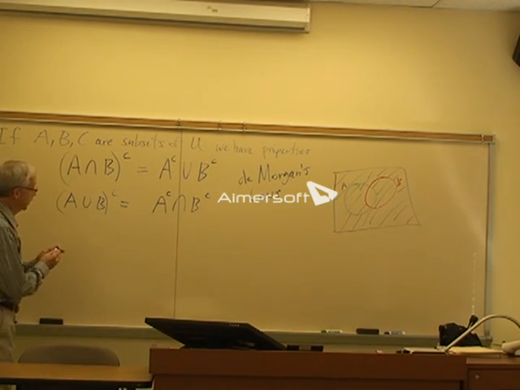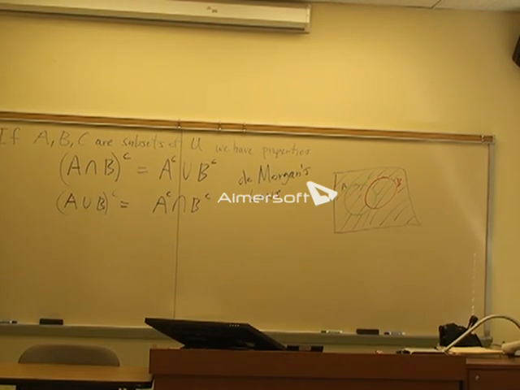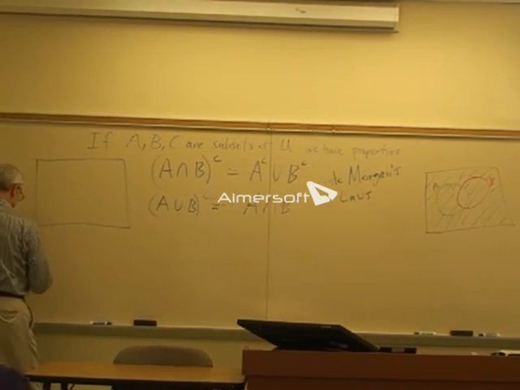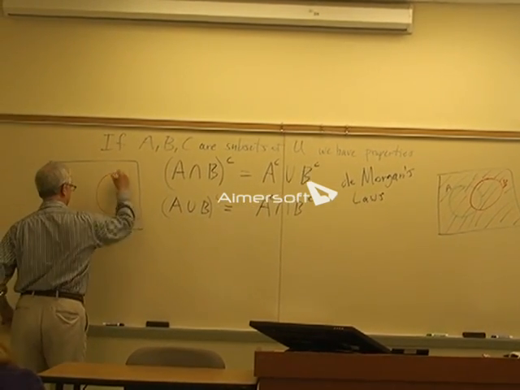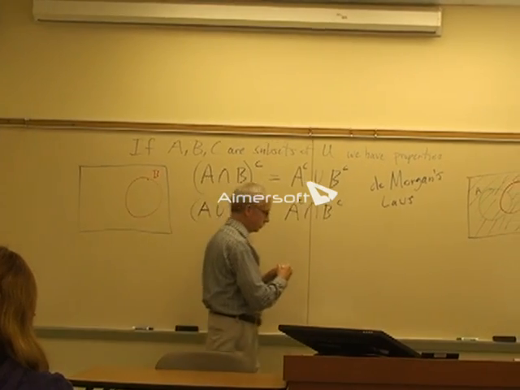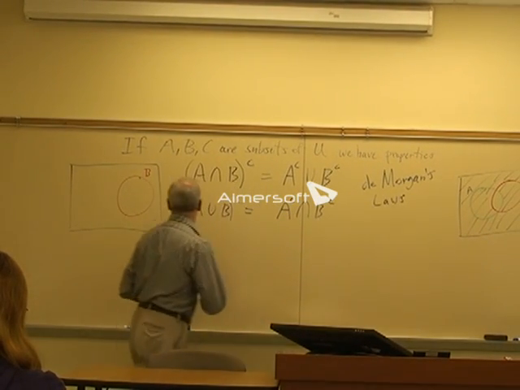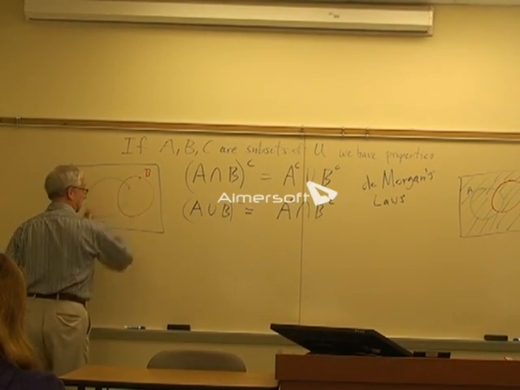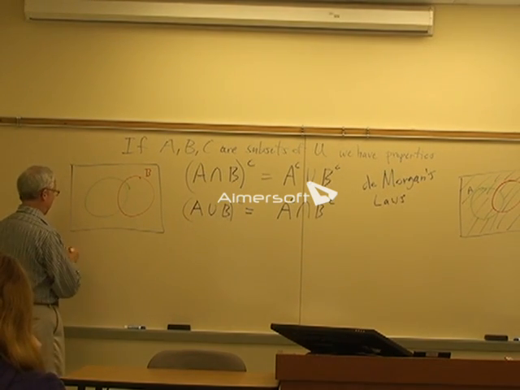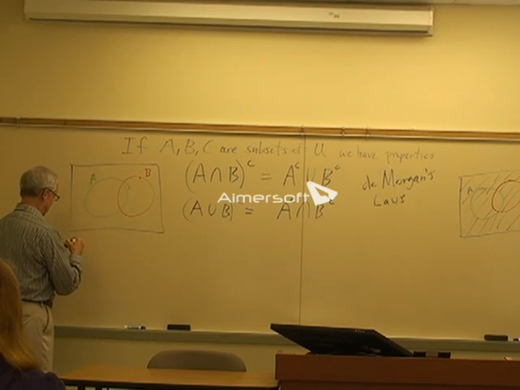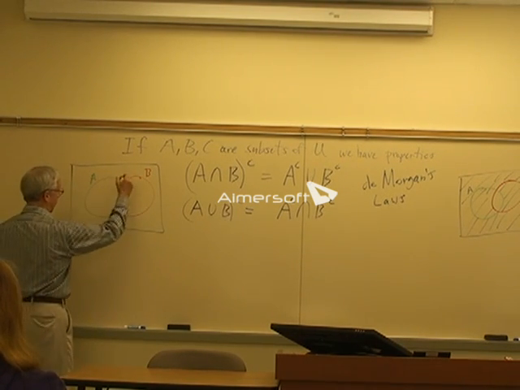Let's draw the other picture. Universe, B, with A. And what if I take just the complement of A? I'm going to draw that as my green.